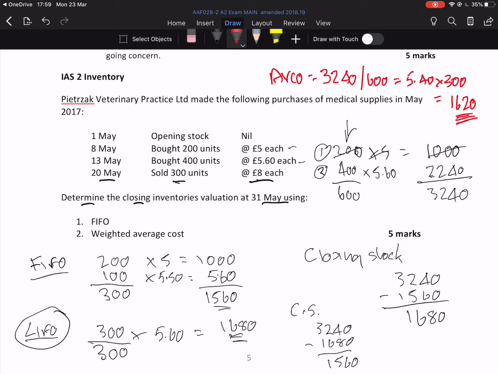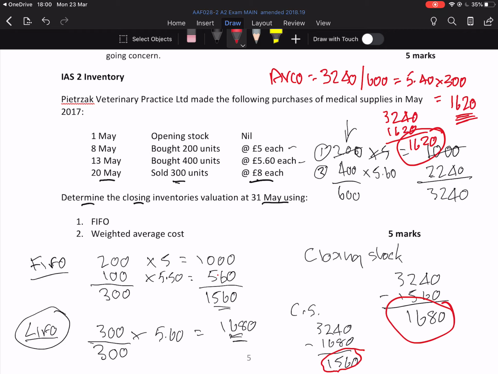So the closing stock figure, so the amount of stock we bought was 3,240 minus the 1,620 gives us a stock figure of 1,620. Point being, 1,620 for AVCO, 1,680 for FIFO, and 1,560 for LIFO.